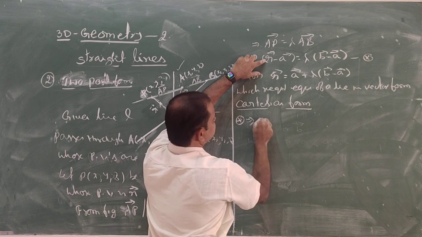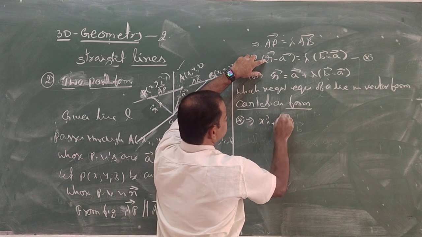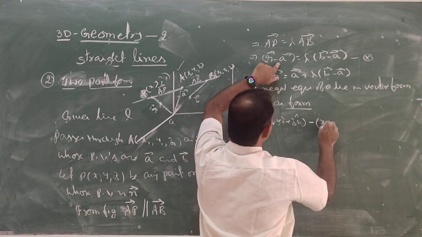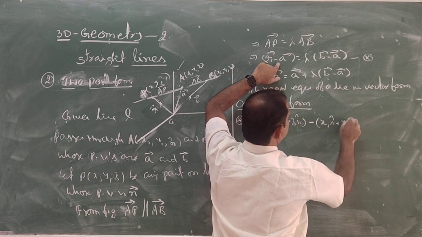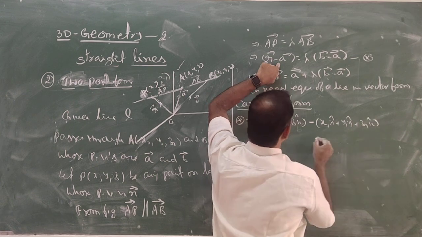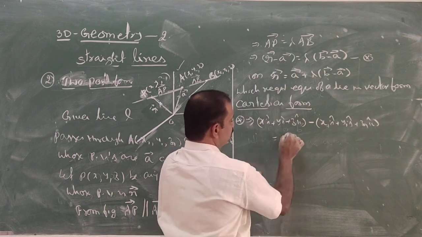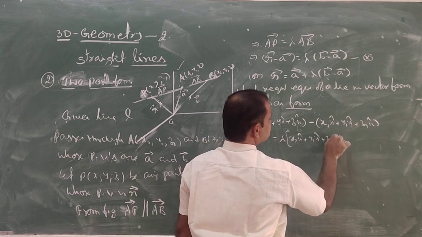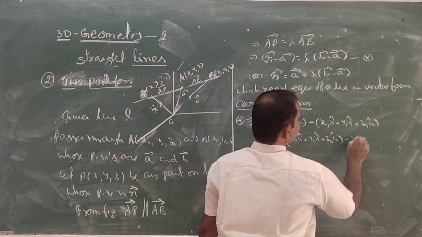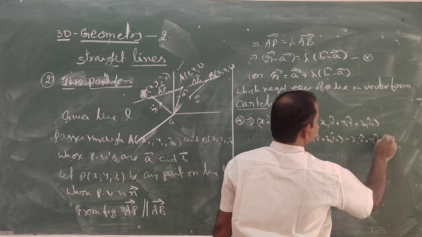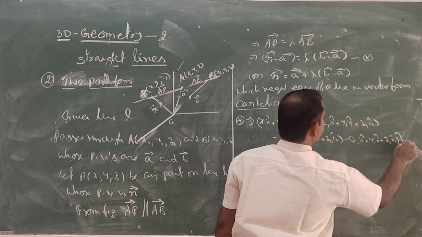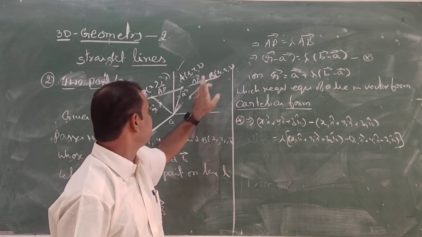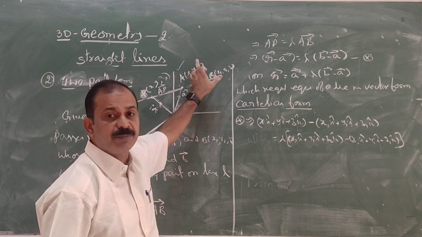You just substitute position vectors: xi plus yj plus zk minus a, which is x1i plus y1j plus z1k, is equal to lambda times of x2i plus y2j plus z2k minus x1i plus y1j plus z1k. Am I right? B means x2i plus y2j plus z2k. A means x1i plus y1j plus z1k.